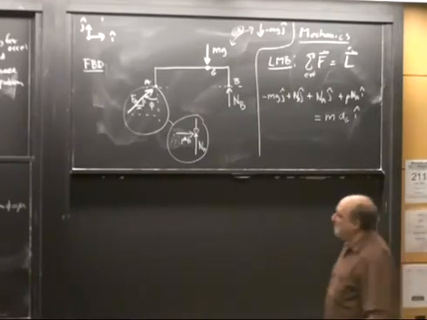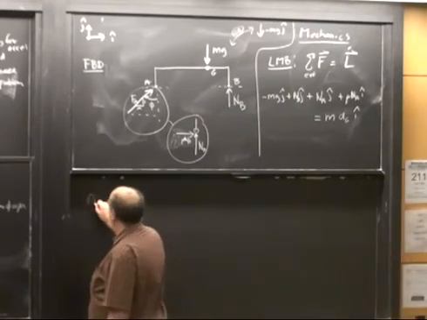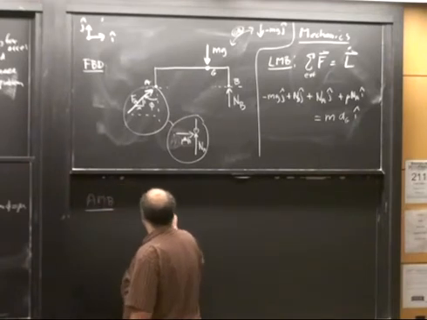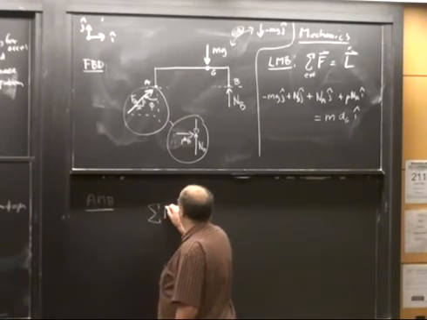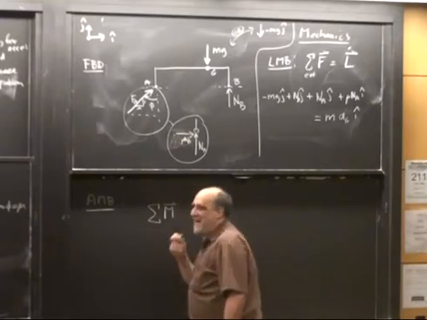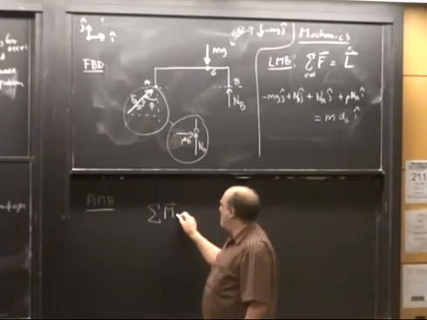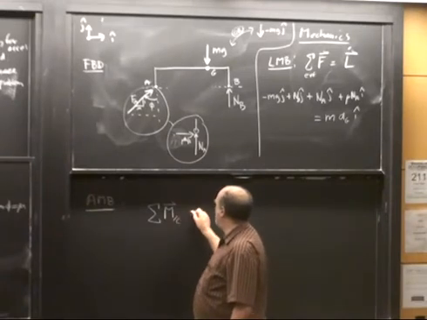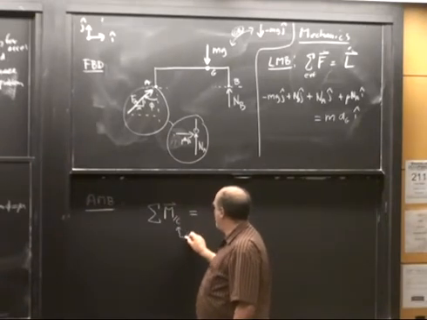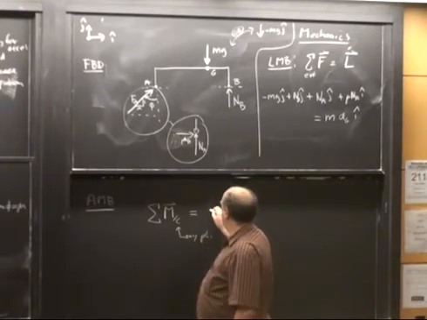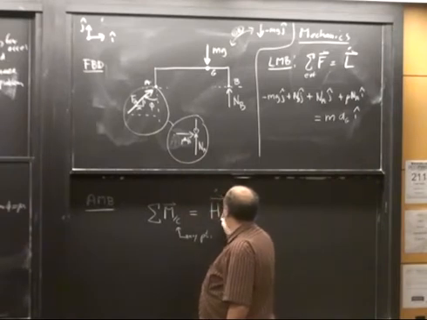So we have our angular momentum balance equation, and it goes like this. The sum of moments relative to any point we want. So I'm going to put a point here that I haven't picked yet. This is any point, and it is equal to the rate of change of angular momentum relative to that point.